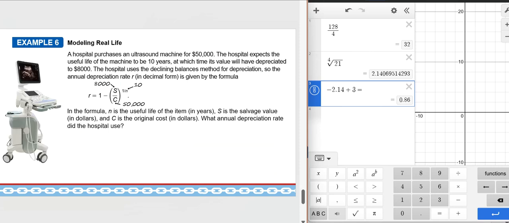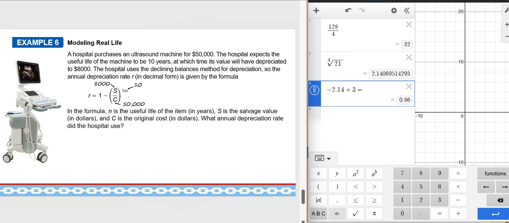Some real life application here, depreciation. Every business wants to know how much their equipment's worth all the time. A hospital purchases a machine for $50,000. They expect the useful life of that machine to be 10 years, at which time it will have depreciated to $8,000 in value. The hospital uses the declining balances method for depreciation.